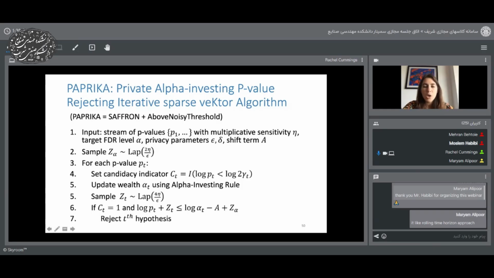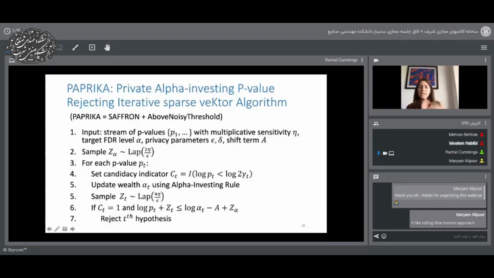We have to do a bunch more tricks along the way. So we have our candidacy indicator, and this is the trick that SAFFRON used to adaptively estimate the proportion of true nulls, and so this improves performance. And because we are not comparing against a single fixed threshold, we're comparing against our wealth, we then also have to compute the wealth using this investing rule.